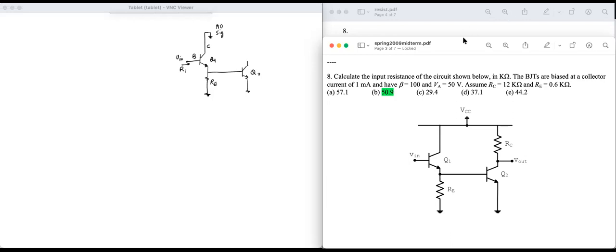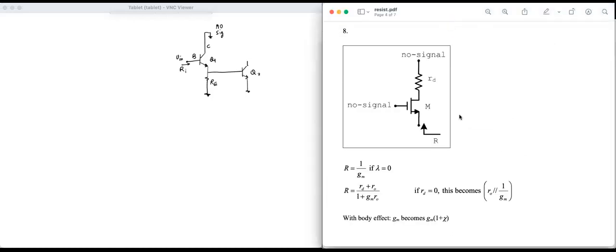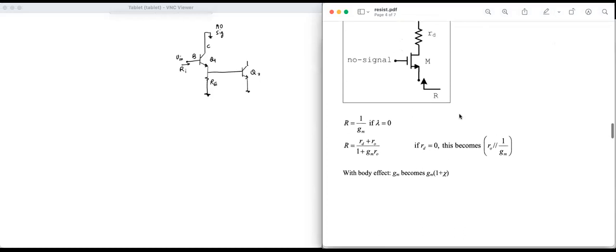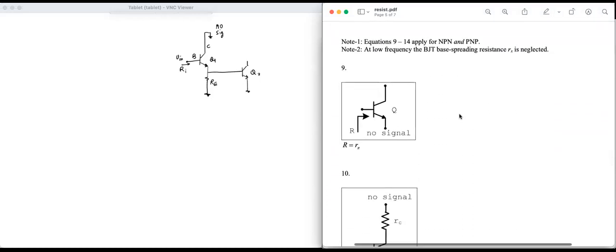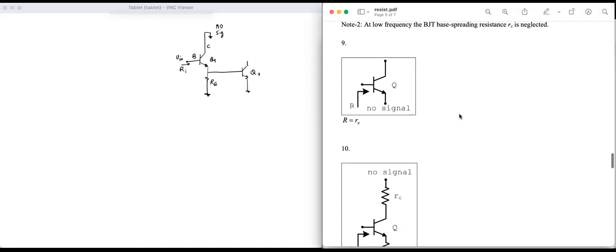So we go to the resistance formula sheet, and let's find the resistance seen looking into the base of a BJT. Here's number 9, the resistance seen looking into the base of a BJT with no signal at emitter. But no, that doesn't apply here, because for Q1, I have stuff at the emitter.